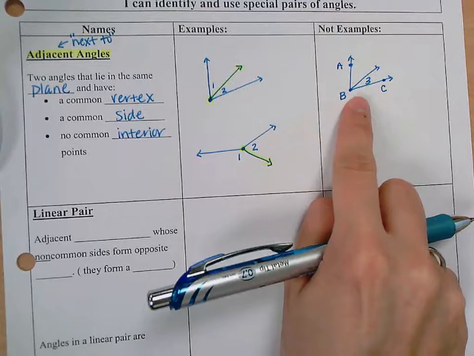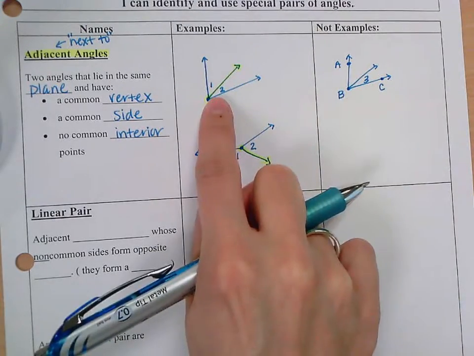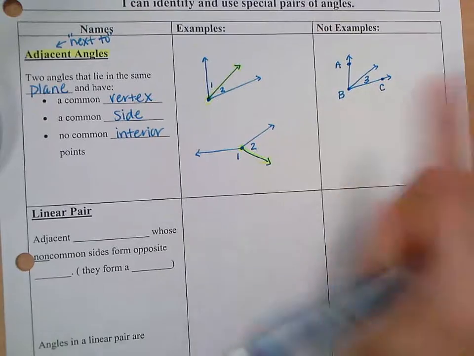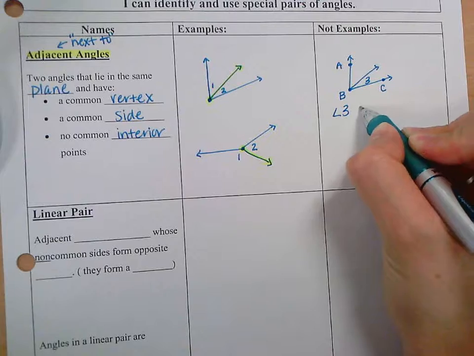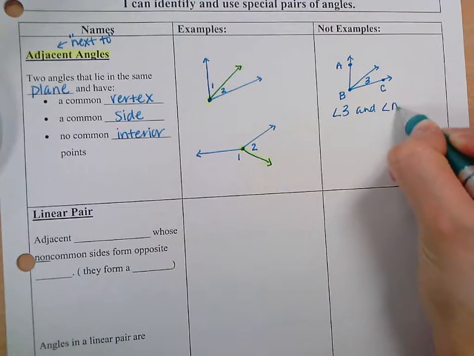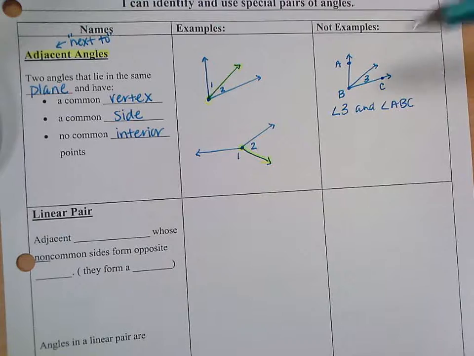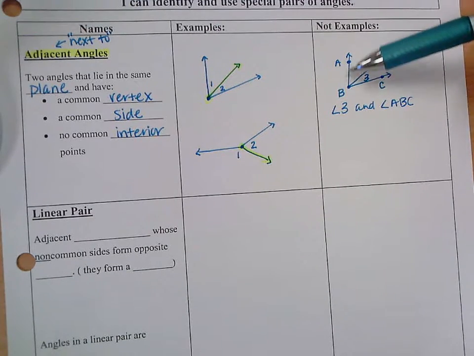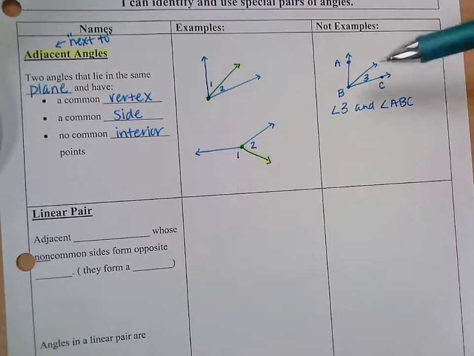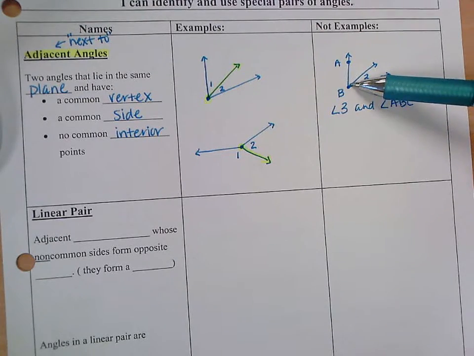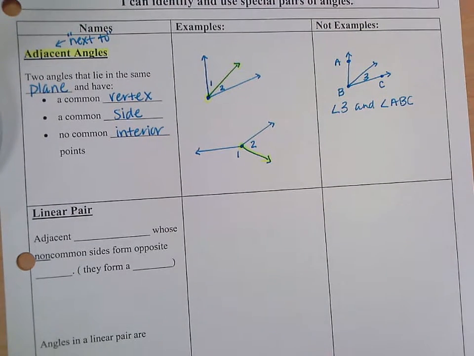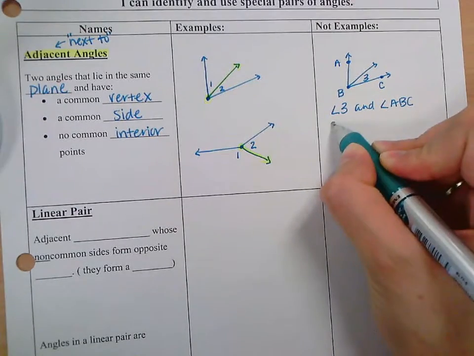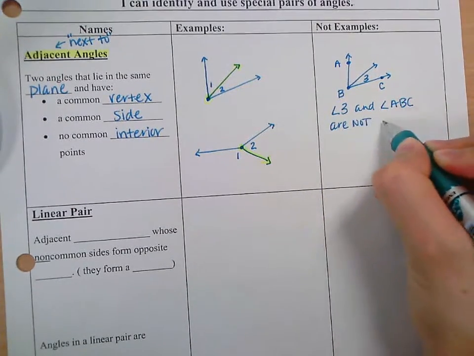So again, the picture looks the same, but in this case, if I'm talking about angle 3 and then I have angle ABC, notice since angle 3 is included in angle ABC, even though they share a vertex and they technically share a side, they do have common interior points because angle 3 is actually inside of angle ABC, so these are not adjacent.